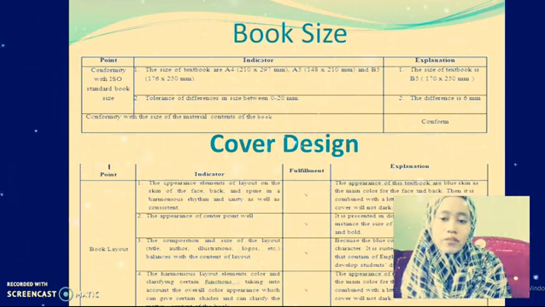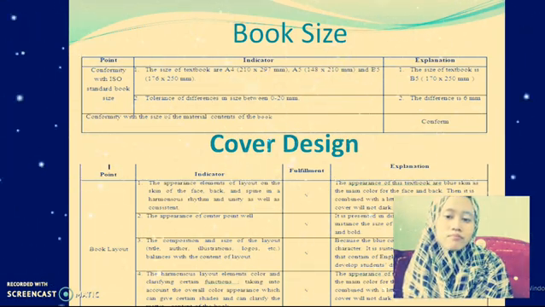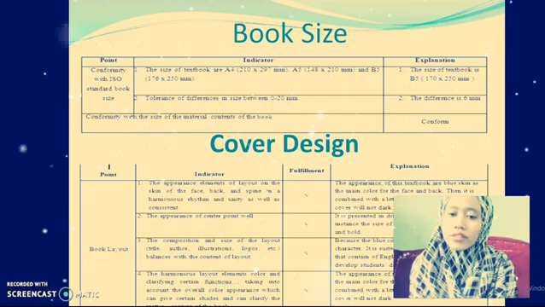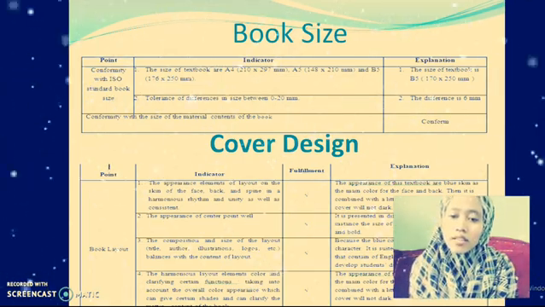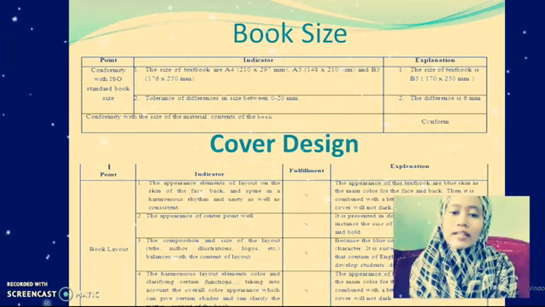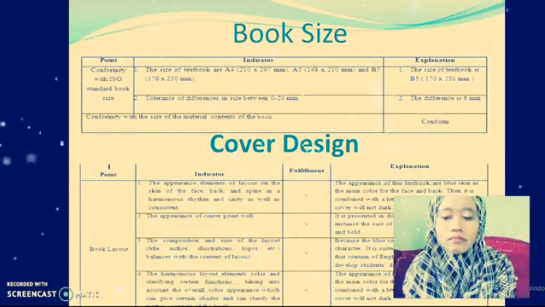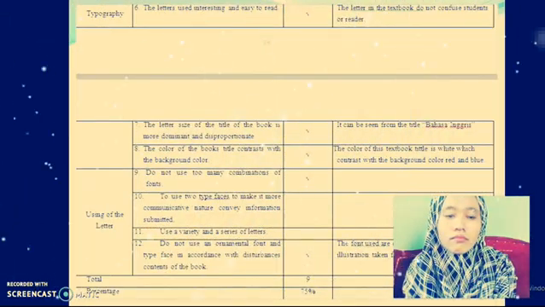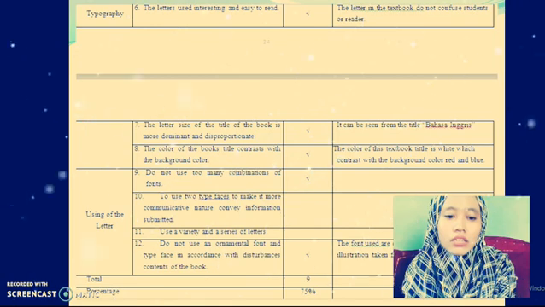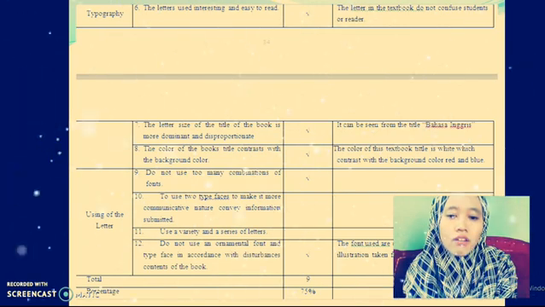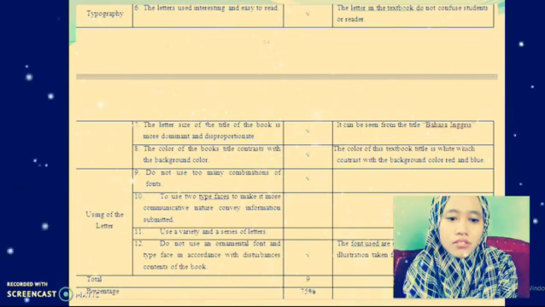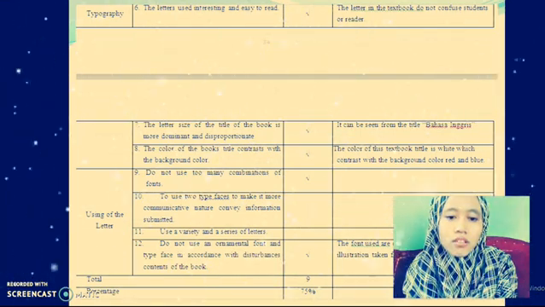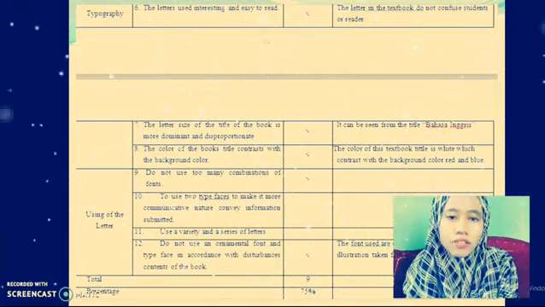It is presented in a different form from others. For instance, the size of the title is bigger, with brighter color, and bold. And overall, for the cover design, 9 indicators from 12 indicators are fulfilled.